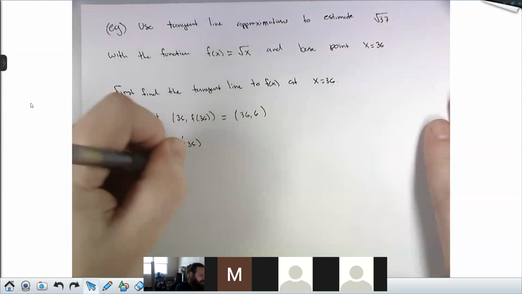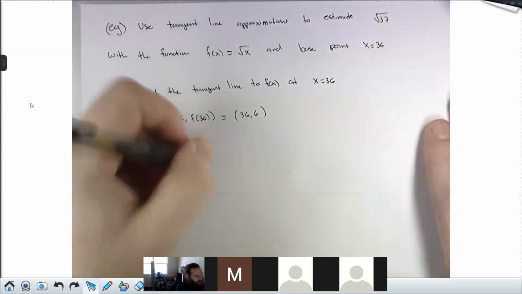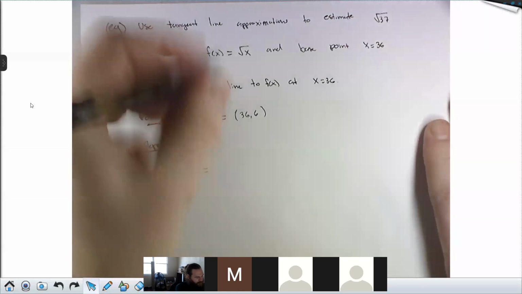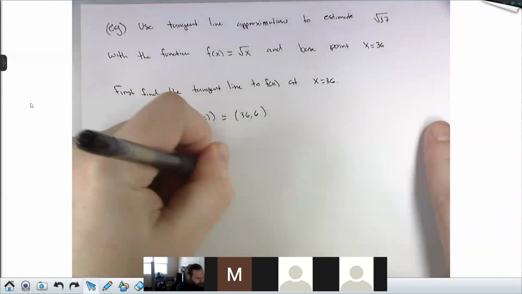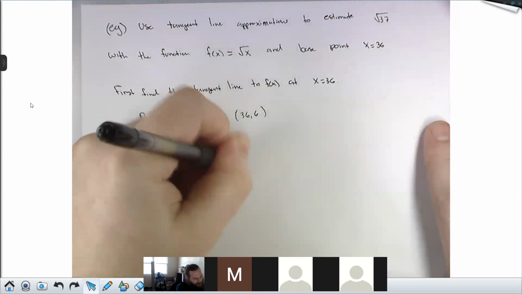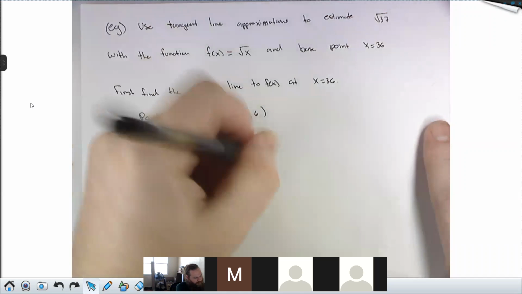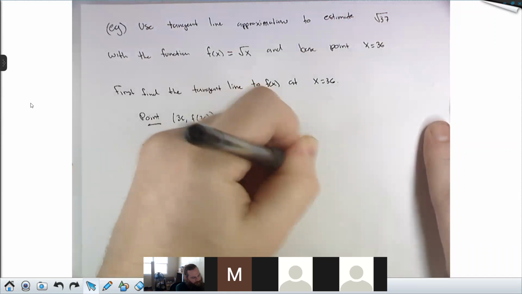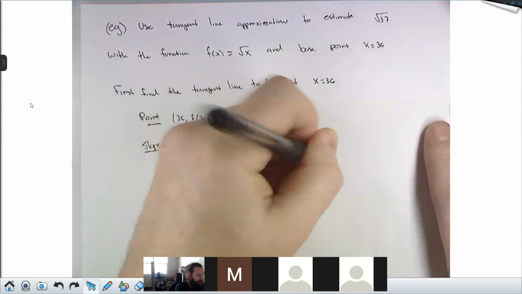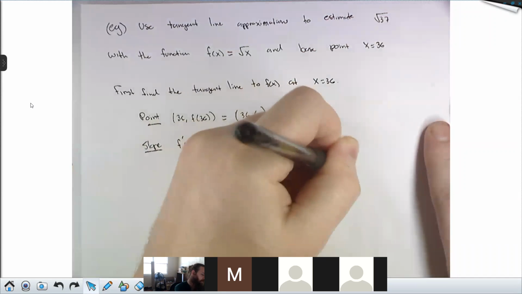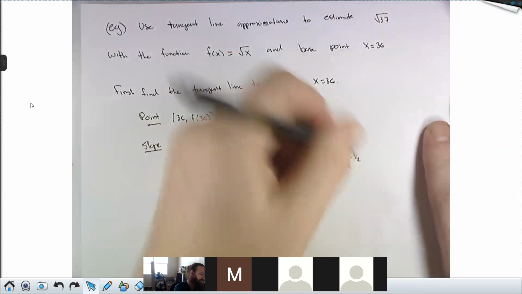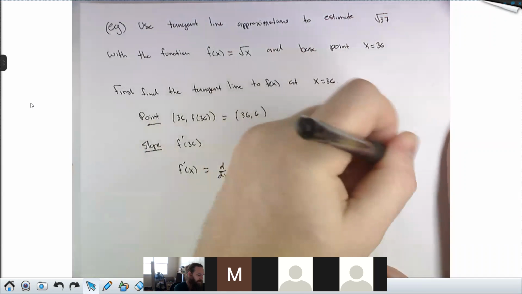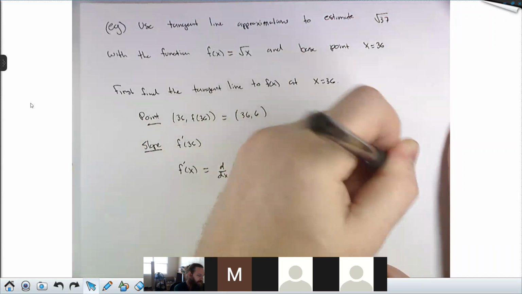So I calculate f prime of x, which is the derivative of the square root function, which is the derivative of x to the 1/2, which is 1/2 x to the -1/2, which is 1 over 2 square root of x.